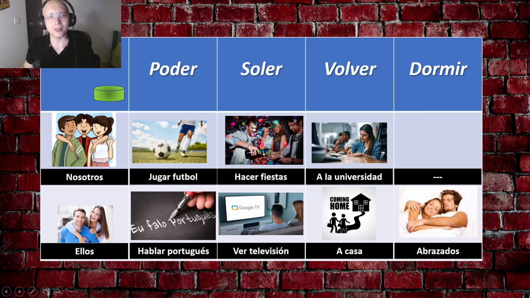What about these ones in plural? Now let's say, we cannot speak Portuguese. So we say, nosotros no podemos hablar portugués. Okay, let's do one last.